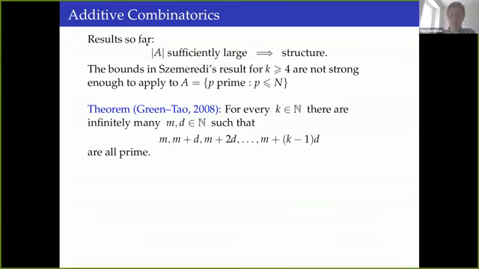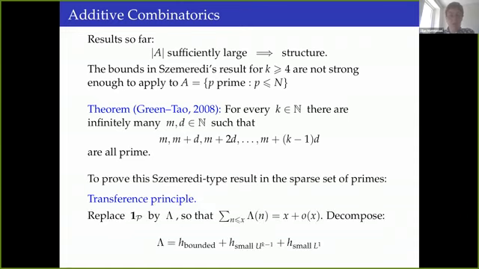So the results stated before were completely general. They made no assumptions about the sets A. Now, if we want a Szemerédi type result in the sparse setting of the primes, we need to work with information about the primes.